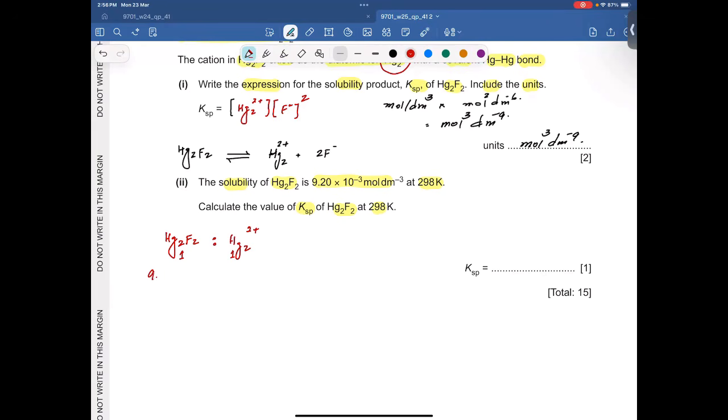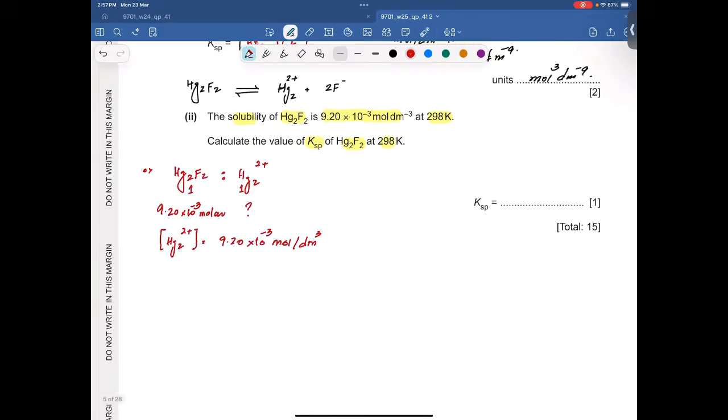When we have 9.20 into 10 to the power minus 3 mole per dm cube, which is also called molar, the concentration of Hg2 2+ is going to be the same, which is 9.20 into 10 to the power minus 3 mole per dm cube. So that's the first step of this particular part.